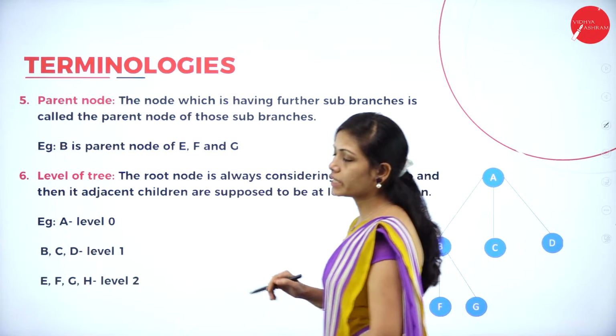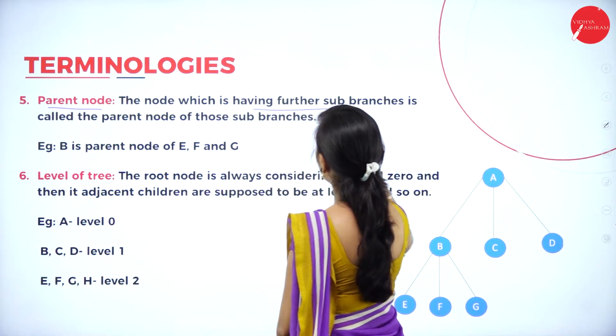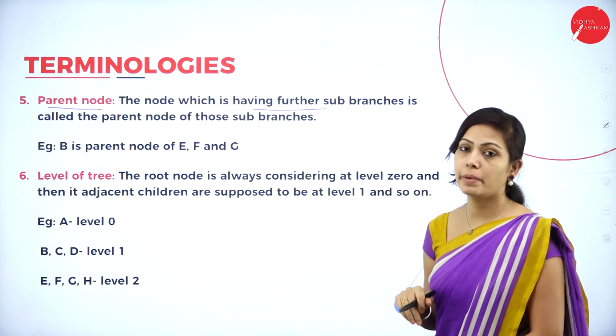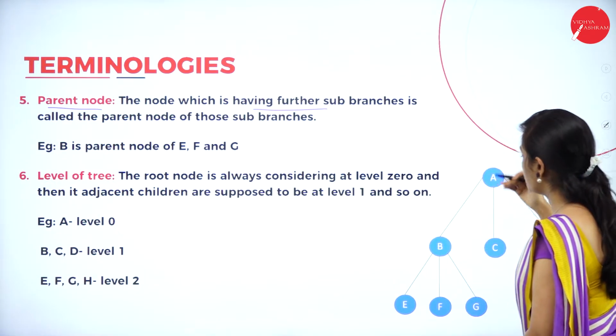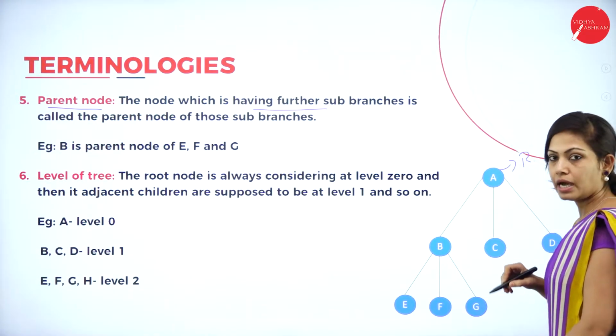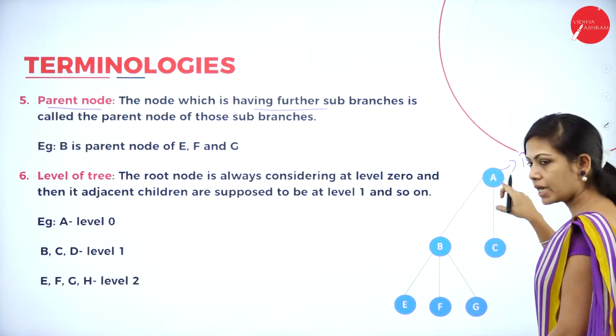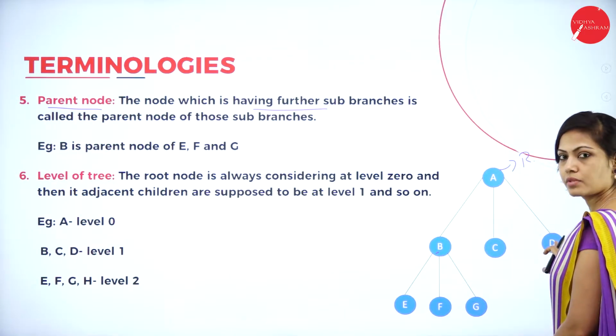And the next terminology is parent node. Very important question. The node which is having further sub-branches is called the parent node. That means a node which is having further sub-branches. Now this is called the root node, and this is the parent of node B, node C and node D. Clear?